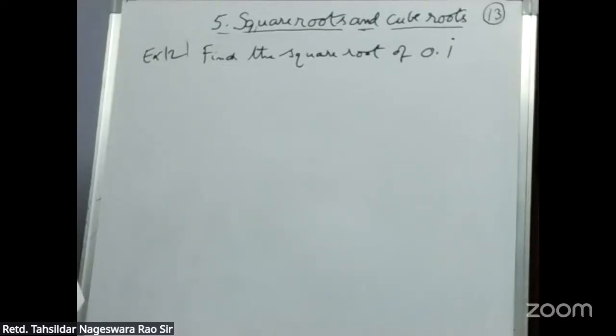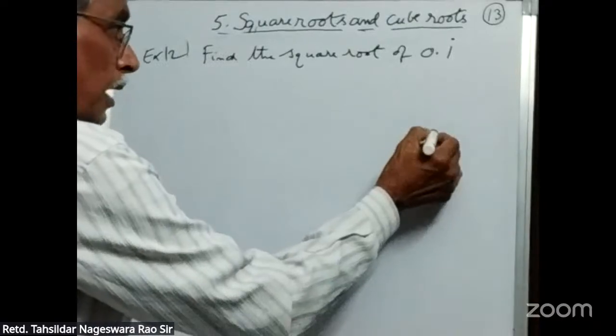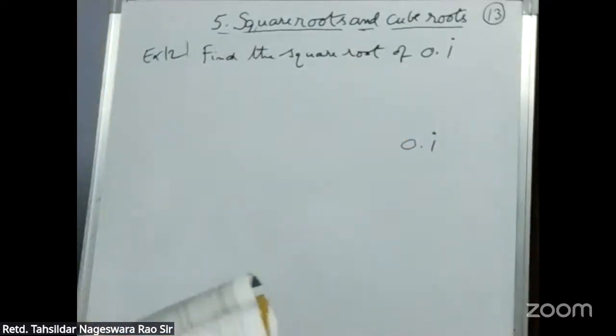Converting a pure recurring decimal into a vulgar fraction. I am repeating the principle now. 0.1 recurring is a pure recurring decimal.